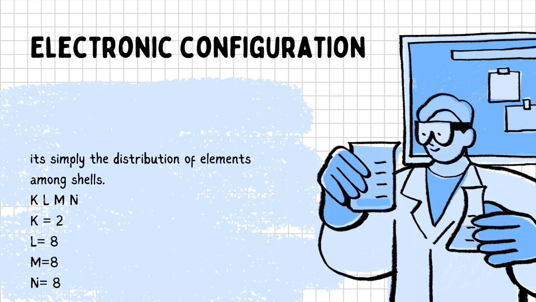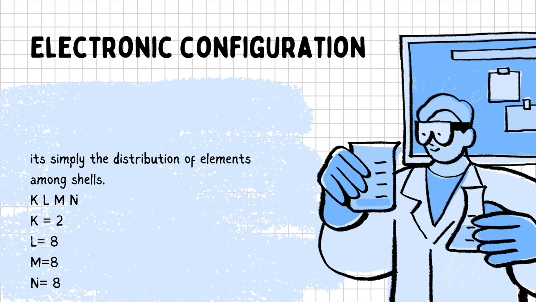If you get atomic number, then let's talk about electronic configuration. It's simply distribution of electrons in different cells. It's like sitting on the bench in the classroom. We fill the first bench first, then second, and then third bench, one after another until all students get their seat.